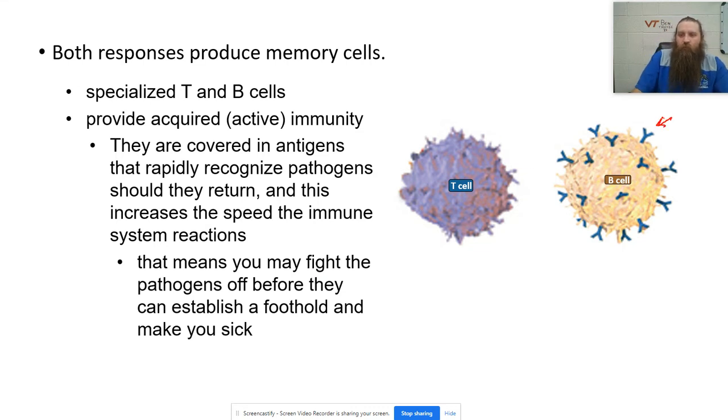We can see that antigen right there. There's another one right there, that little blue Y looking thing. And that allows the body to rapidly recognize that pathogen were it to come back. So basically, before the pathogens can get a foothold and make you sick, your immune system just goes, oh, hey, you don't belong here, and it kills them. You don't have to worry about it.